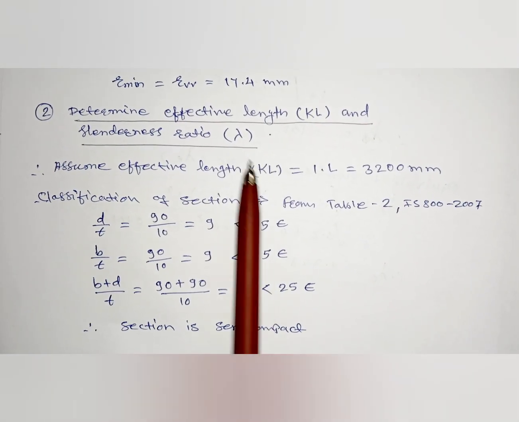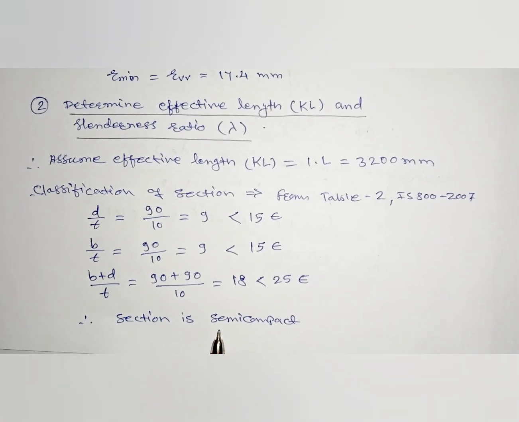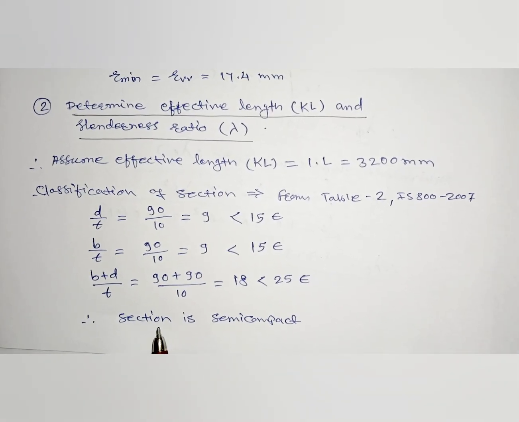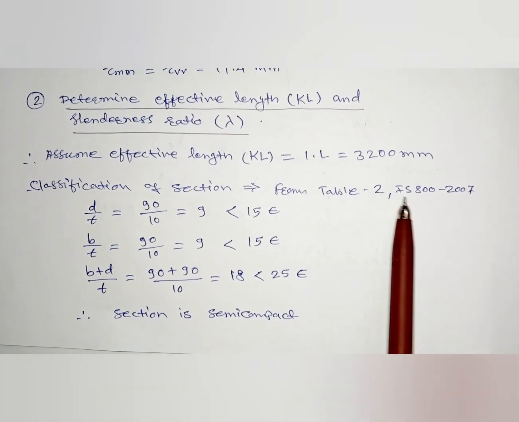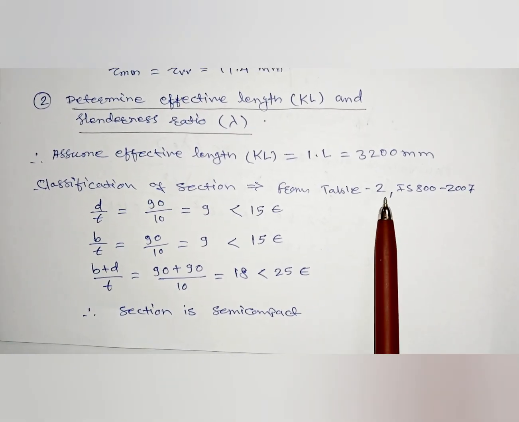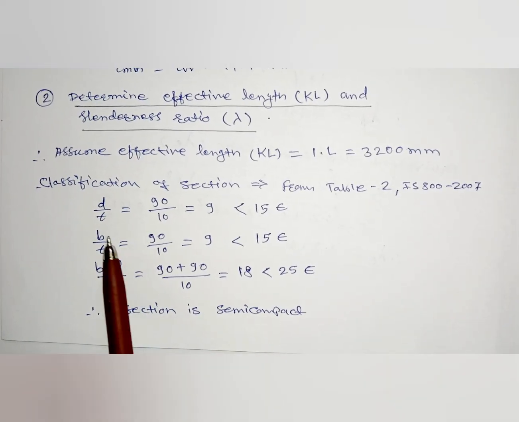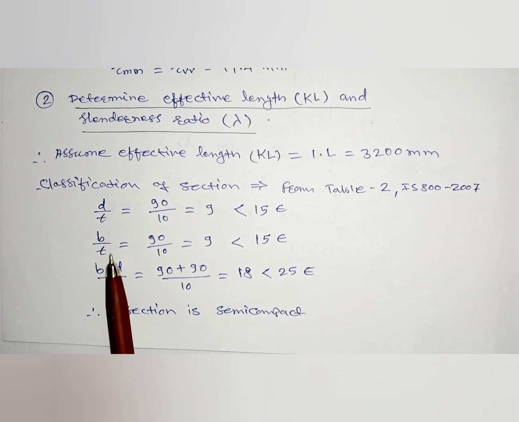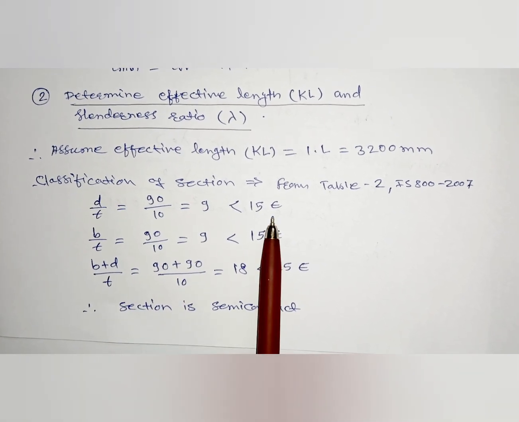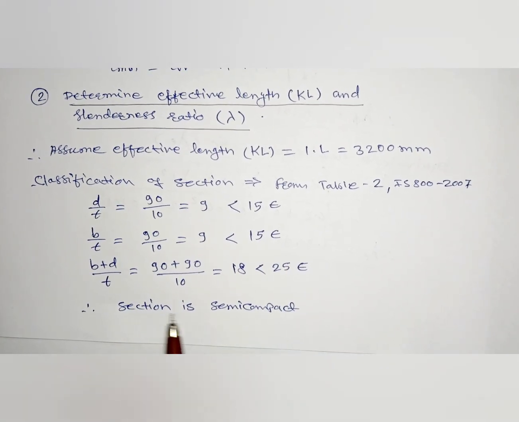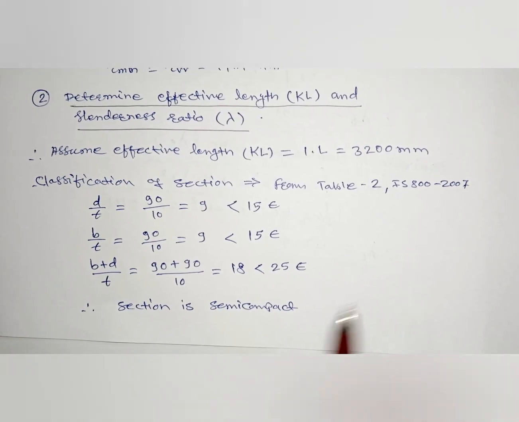To determine this slenderness ratio we have to first check the buckling class of this section. So IS 800 table number 2 gives the classification of section with d by t, b by t, and b plus d by t. From this we can determine whether our section is semi compact or compact or others.